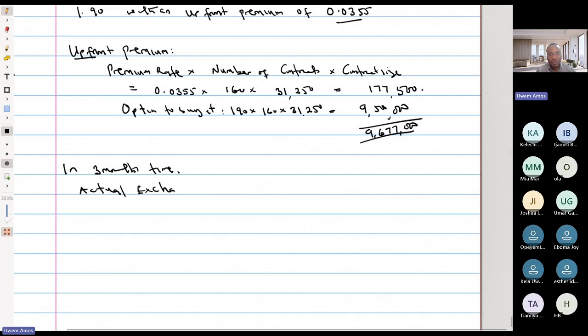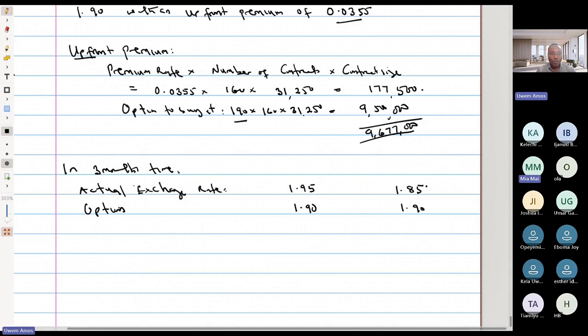If in three months' time the actual exchange rate is, let's say, 1.95, and if in three months' time the actual exchange rate is 1.85, what will you do? Regardless of what the price is in the market, you have the option to buy at 1.90 after you have paid the upfront premium. So what are we going to do? Would we exercise or not?